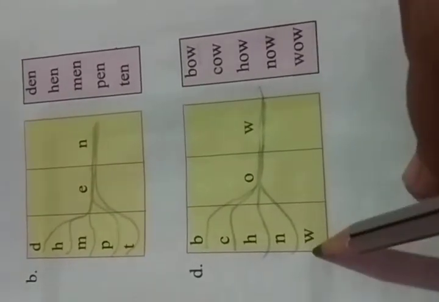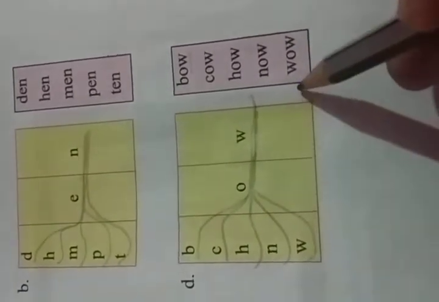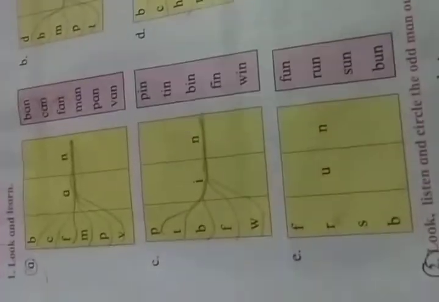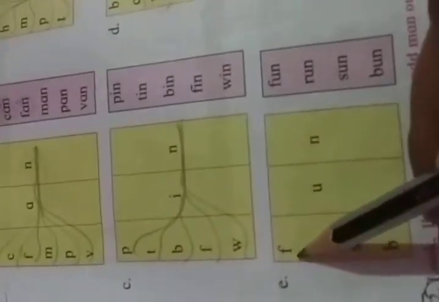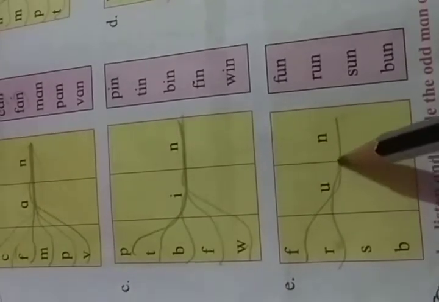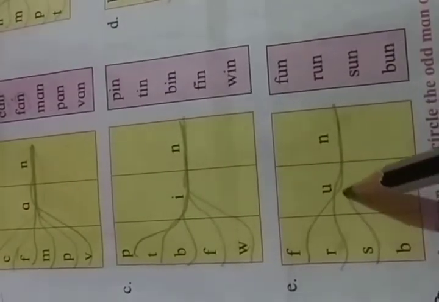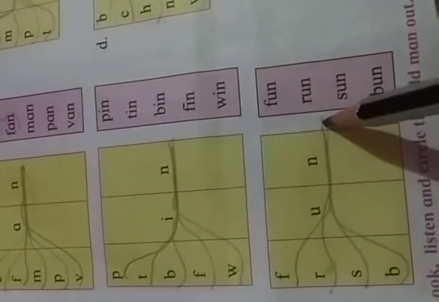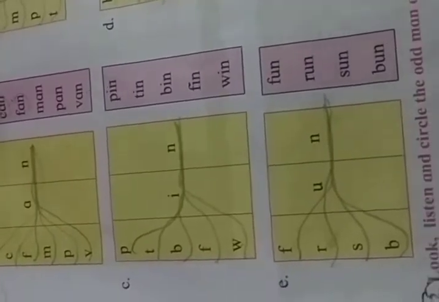See, and W-O-W, wow. These are your words. Now see next, that way only. F-U-N, fun. R-U-N, run. S-U-N, sun. And B-U-N, bun. Okay, these are your words.